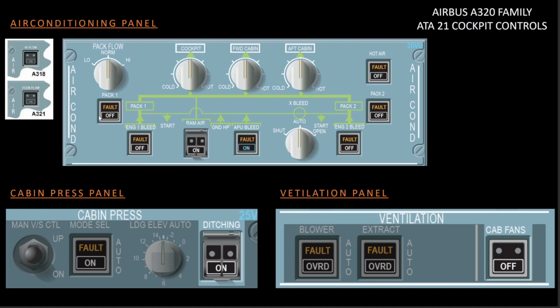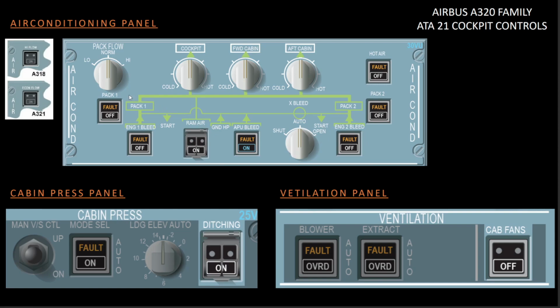In case you have an engine start, when you start the engines, the flow control valves will close. In this case both the flow control valves will close. So when the engine start is selected, the flow control valve will close, right?